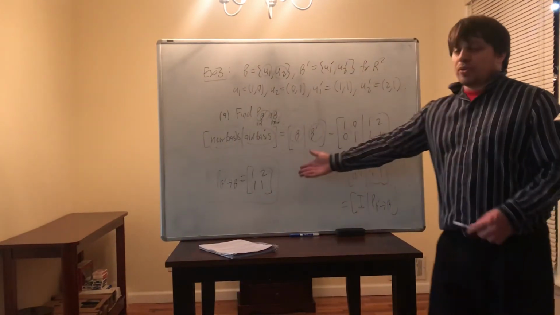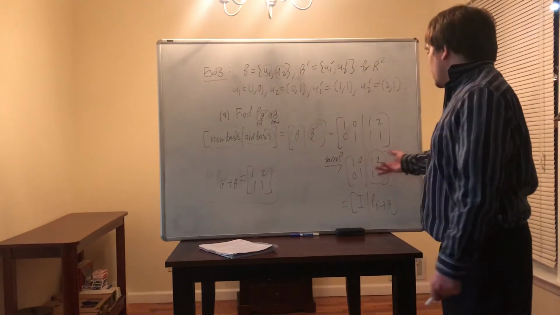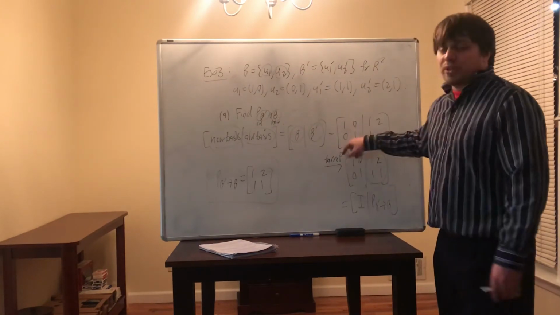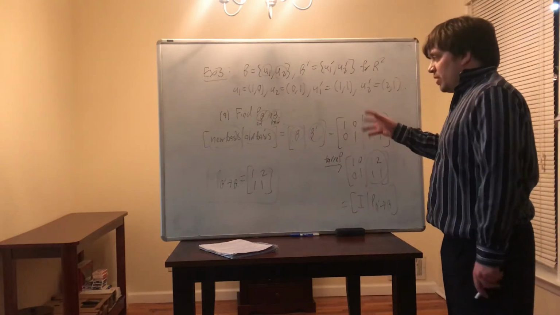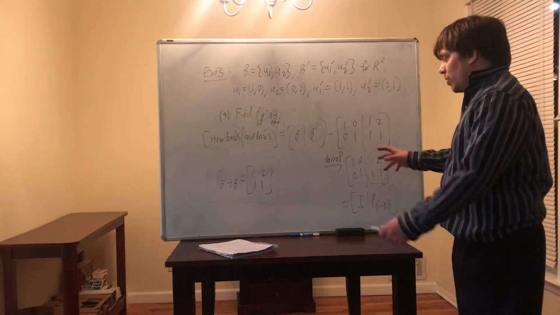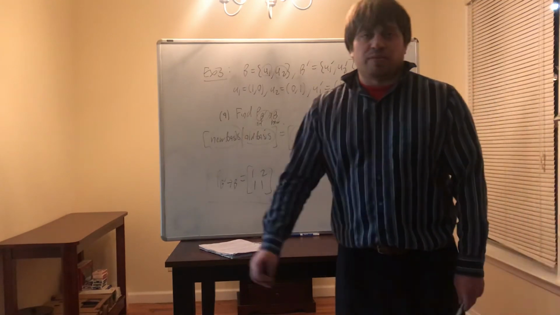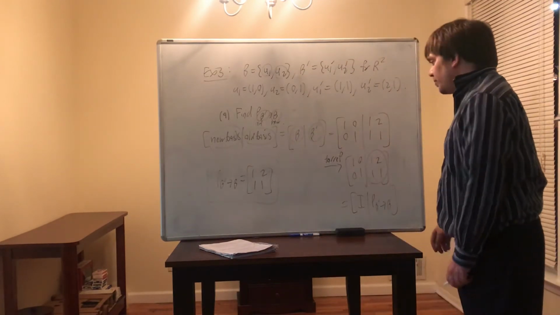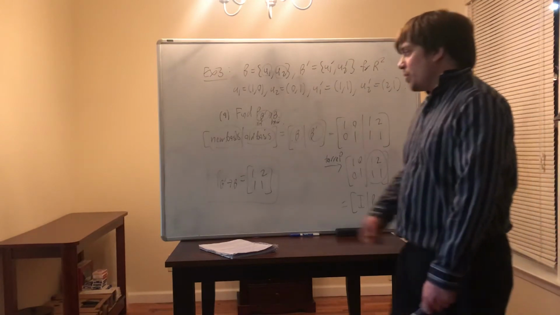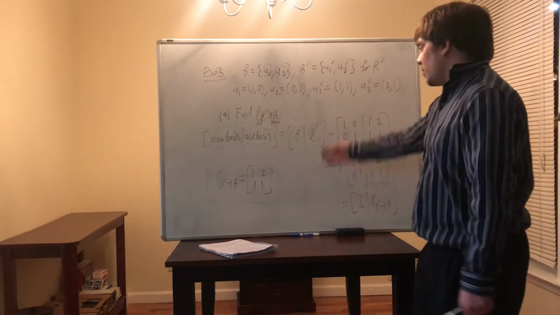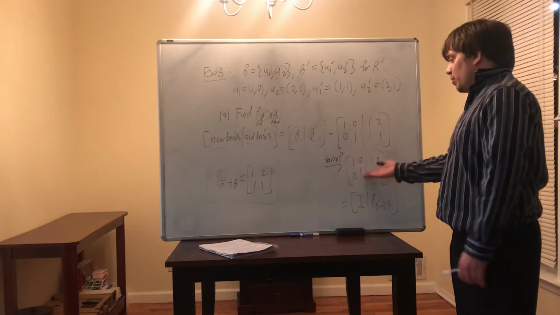If this was a more complicated example, you would just have to do some work to get the matrix you started with to reduced echelon form. But that would just be boiling down to doing an earlier problem where you get a matrix to reduced echelon form, right? So this method is pretty easy. You start with the new basis on the left side and the old basis on the right side. You get to reduced echelon form.